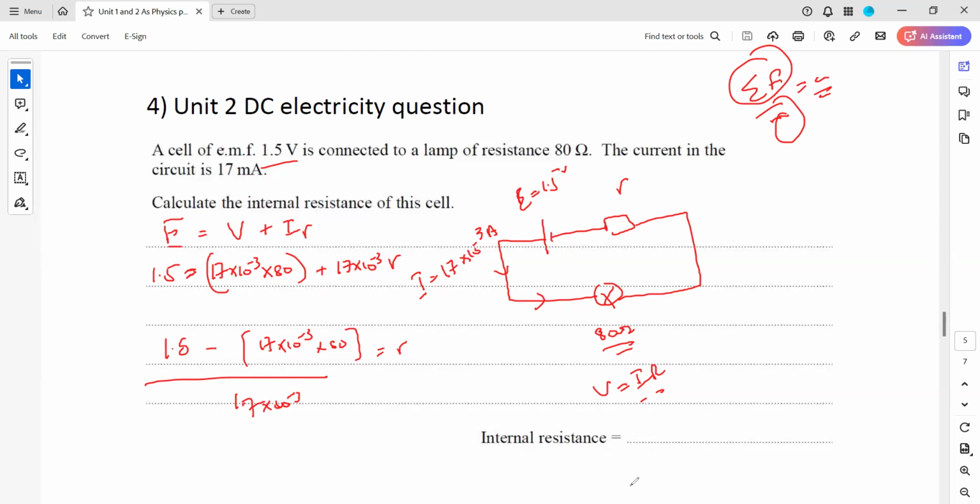This will give us the value of the internal resistance of this cell, which is 8.235. So write your answer always in 3 significant figures. So we'll write 8.23 ohm.